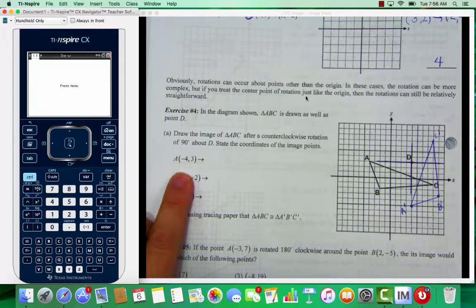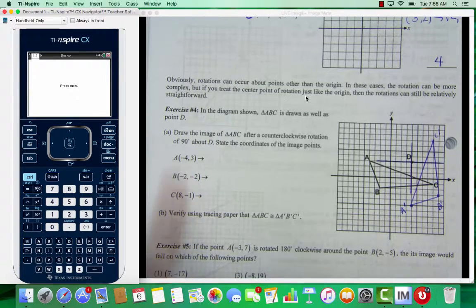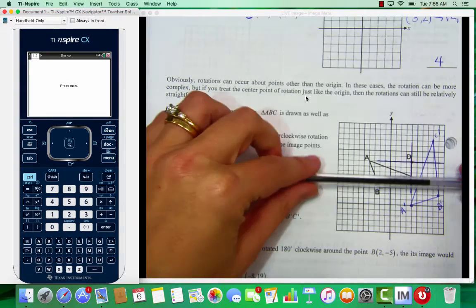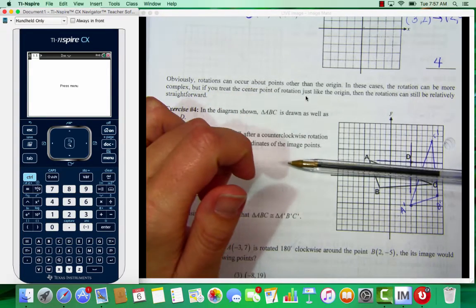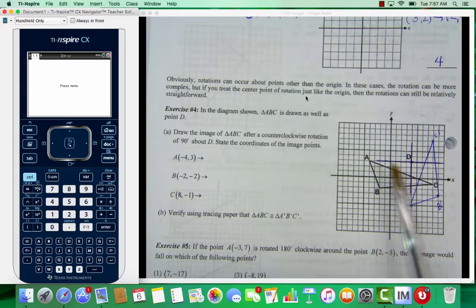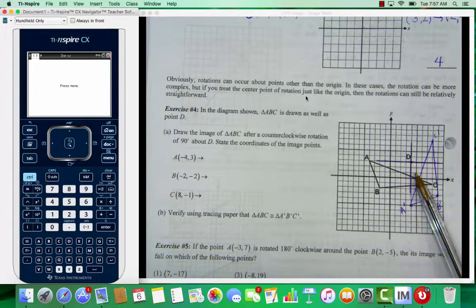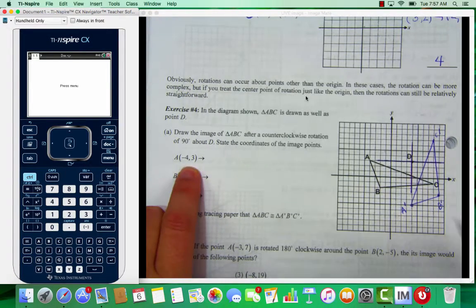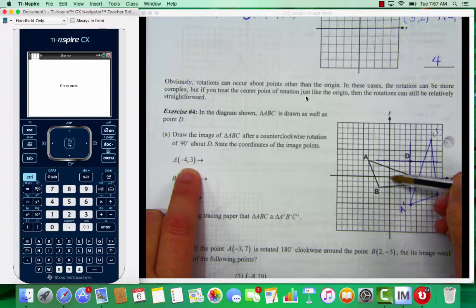And then what it wants us to do is state the new coordinates. Now, from here, we have to go back to our origin. We have to name these points, and you name a point coming from the origin. So at this point, I'm kind of ignoring all that stuff I have over here with D. And A prime, this point right here, from the origin, is going to be over 1, 2, 3, 4 units and down 1, 2, 3, 4, 5.